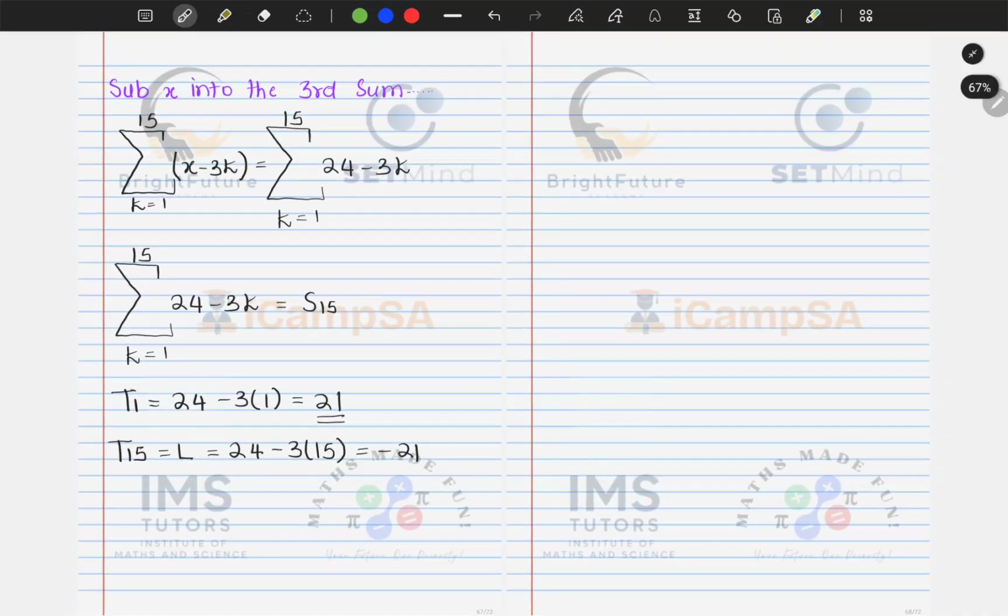And this will be equal to minus 21. So now that I have this, I remember that we have the sum of n terms, which is always given by n divided by 2 into a plus L, where L is the last term. So for our problem, the sum of 15 terms is equal to 15 over 2 into the first term, 21, plus the last term, minus 21.